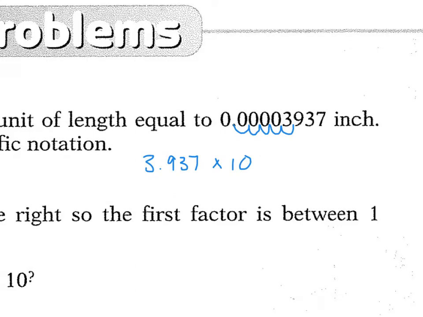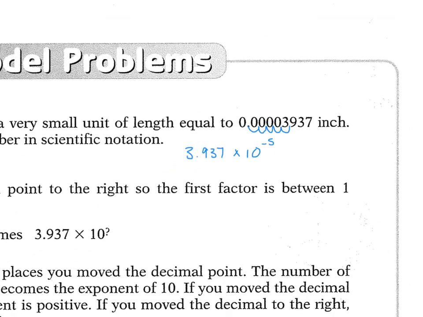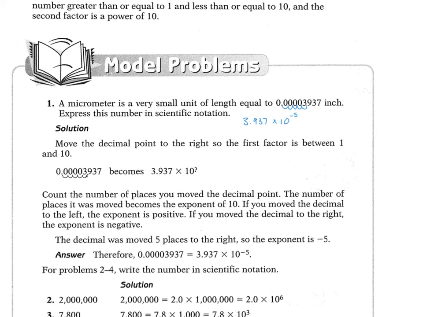If we're moving the number to the right, our exponent would be negative, so we make it -5. One way to remember this is if it's really small, your exponent is going to be negative. If it was a really big number, our exponent is positive.